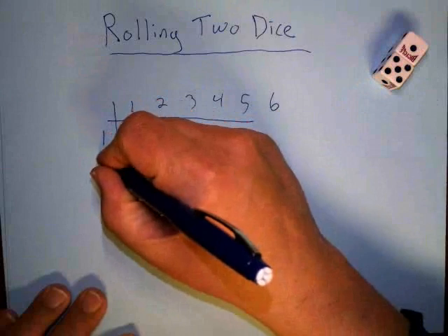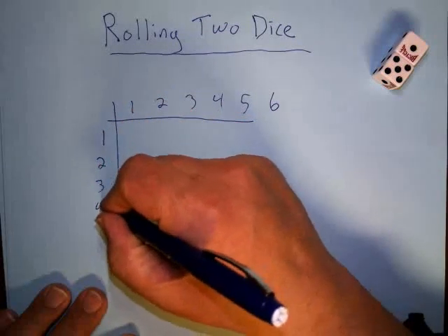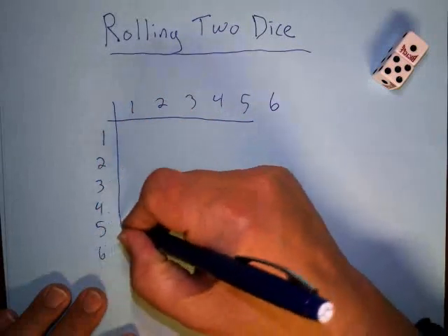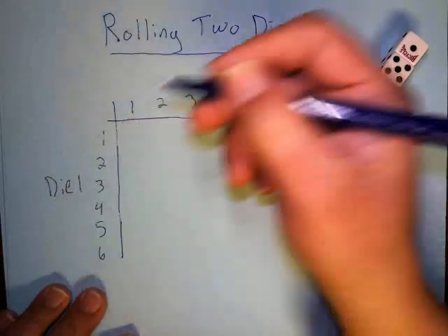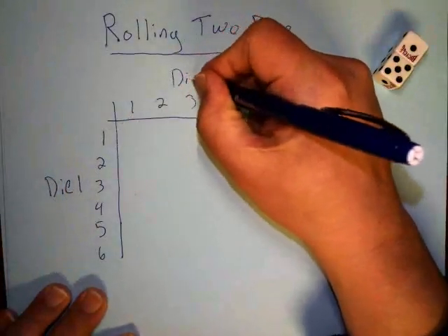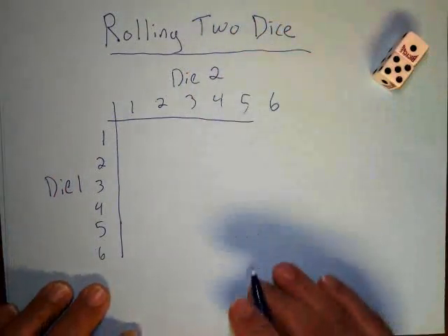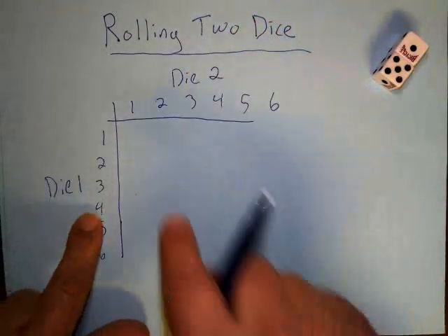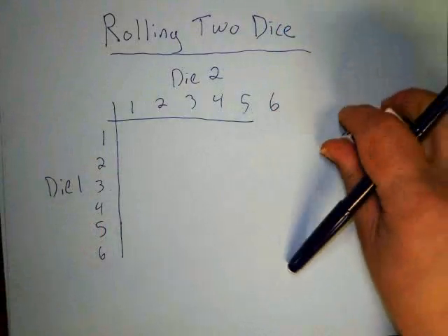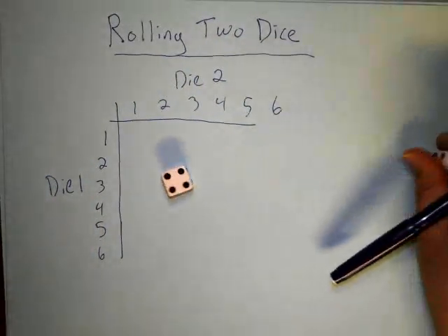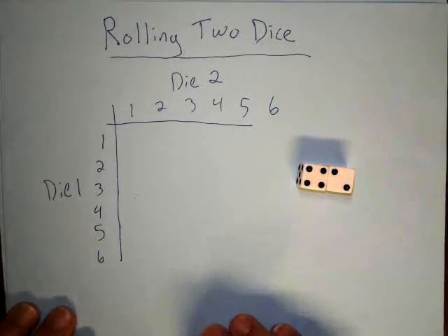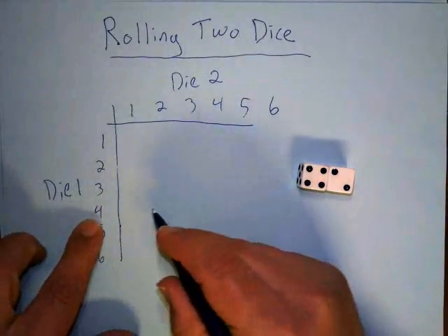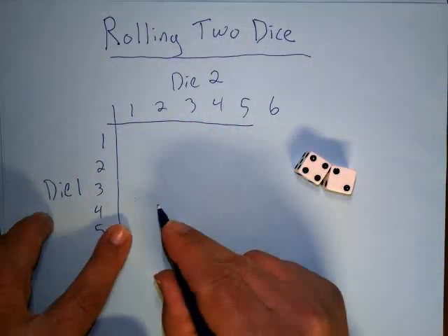And down the side, this would be the roll of the other die, so I'll have the numbers 1 through 6. So we could say this is die 1, and up here is die 2. This is what I roll on my first die, and this is what I roll on my second die. So if this were the first die and that were the second die, I would have a 4 and a 2, and I would roll a 6.